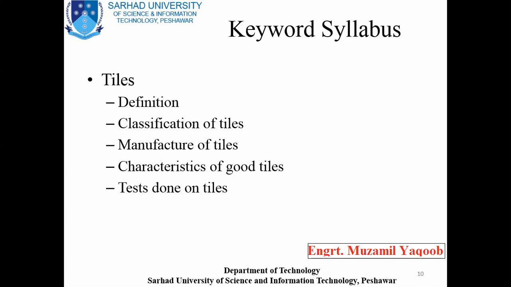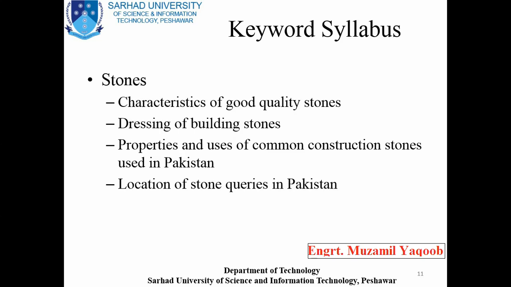In other words, we can say breaking strength, and deep abrasion, surface abrasion. Abrasion means scratches on the surface of the tile, so it's called surface abrasion. And the last one is thermal expansion, right? So these things we will discuss inshallah in the chapter on tiles.